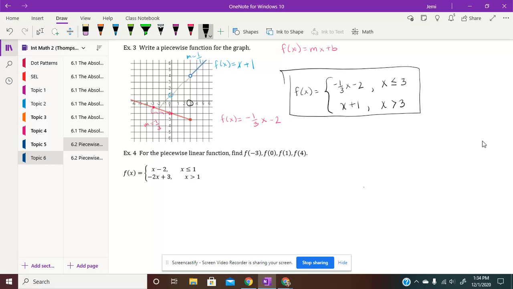All right, and lastly, for the piecewise linear function, find the f of -3, f of 0, f of 1, and f of 4. So this is what you're going to do as part of your steps. I'm going to ask myself, which interval does it lie in?